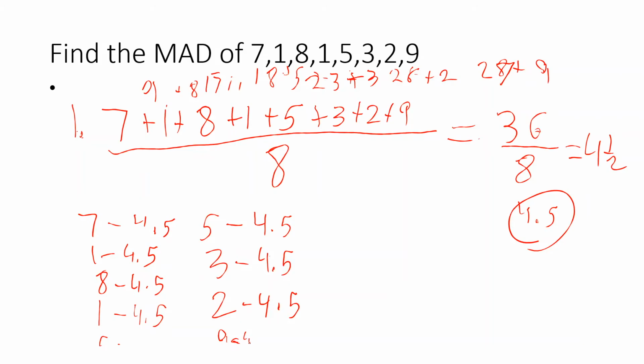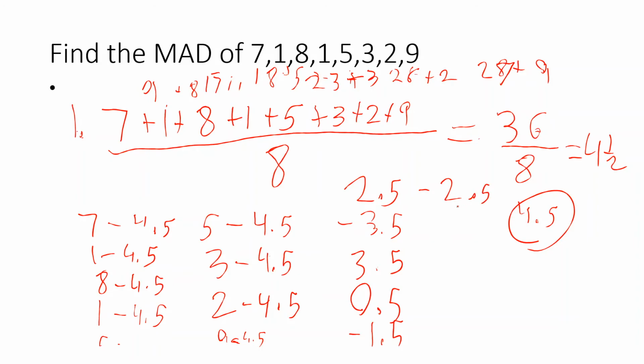We can just list these values out. 7 minus 4.5 is 2.5. We have 2.5, negative 3.5, 3.5, 0.5, negative 1.5, negative 2.5, and of course, negative 3.5.